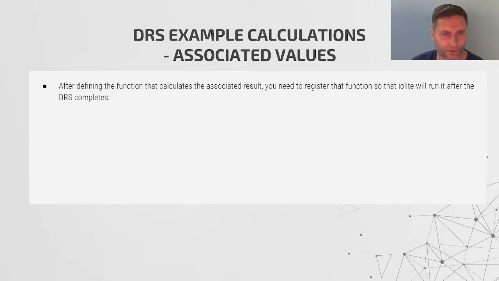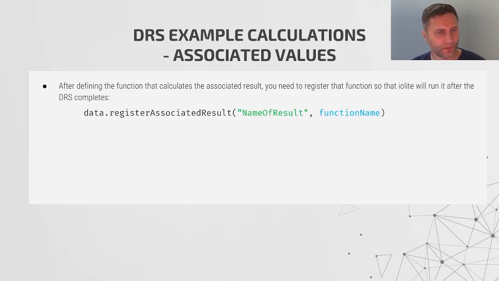So after we define that function, we then need to tell iolite to run that function after the DRS completes, and we do that by registering an associated result. So we call data.registerAssociatedResult. We tell it the name of the result that we want to create and the name of the function that will calculate those results.